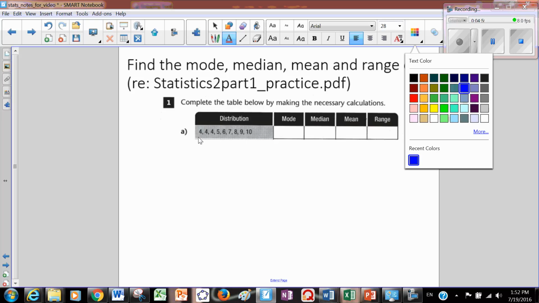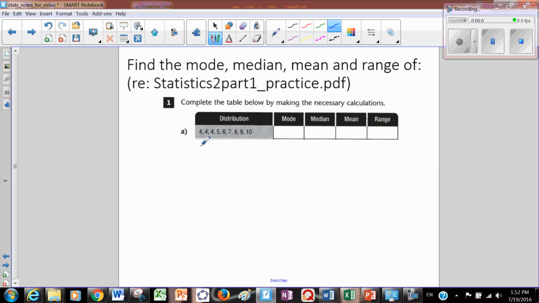If you look at all the numbers, you see that 4 is repeated 3 times. That means your mode would be 4 because it's the one that appears most often. For the median, we have to count: 1, 2, 3, 4, 5, 6, 7, 8, 9. We have 9 data.